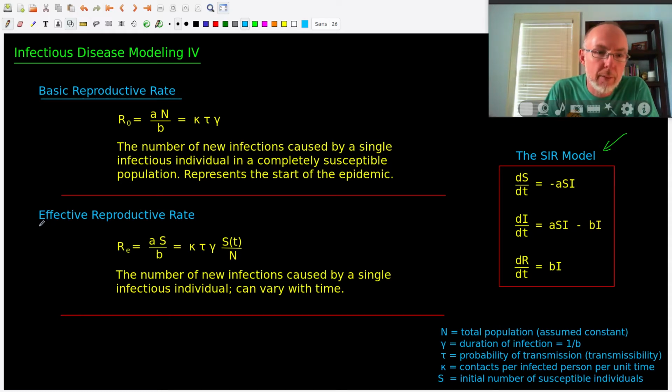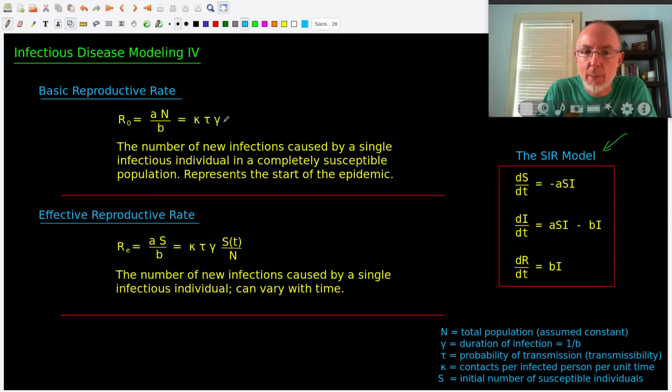The basic reproductive rate you can think of as the number of infections that are caused by a single infectious person in a completely susceptible population. So if everyone in the population, except that one infected person obviously, is susceptible to the disease, then this is the number of infections you expect to result from that one person, because that person's running into kappa people per day that they could potentially infect.